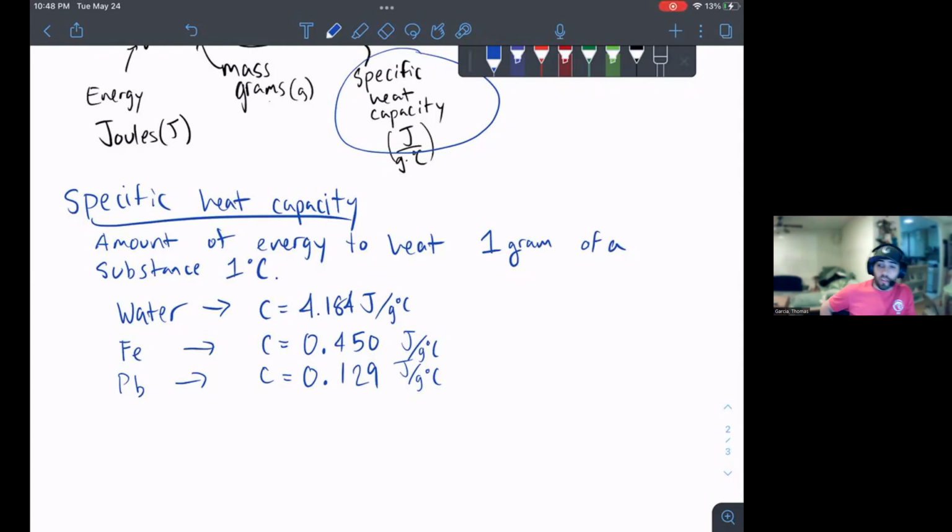This is what governs a lot of the choices that people make when building things or making things. For example, a frying pan. If you want your food to get hot quick, you want something that takes very little energy to heat up. And that's why you generally make frying pans out of metal. You get your nice pan and you cook your eggs in it or whatever.